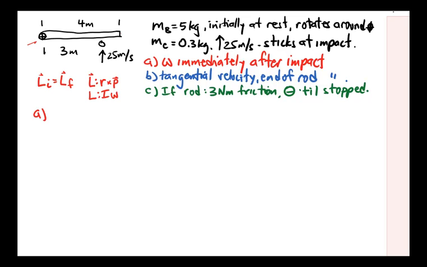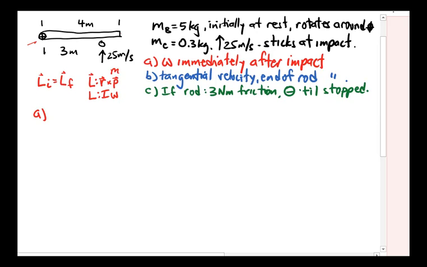Hey, so I've stated a couple of important ideas here: our initial angular momentum is equal to our final angular momentum, from just before to just after the impact. How can we figure out angular momentum? There are 2 ways we could do that. We could look at the radius, which I'm going to make a vector, cross product momentum.